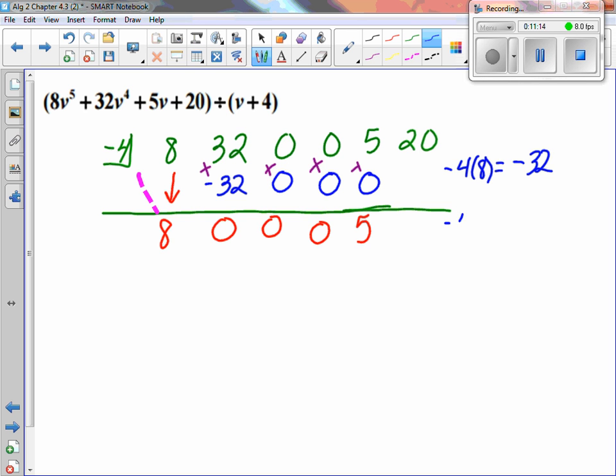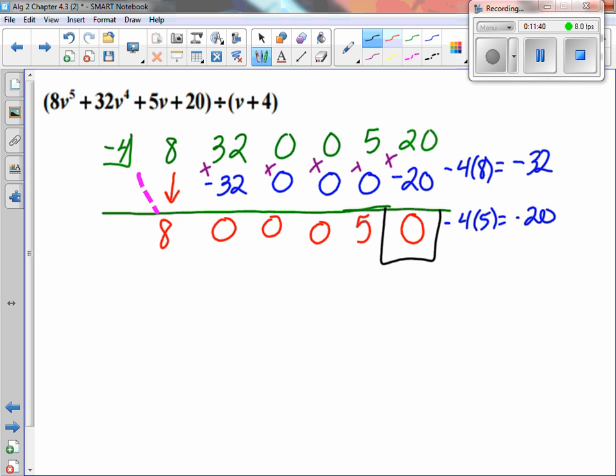And have negative 4 times 5, which is? And negative 20 plus 20 is? 0. What do we do next? Box the remainder. Box the last number.